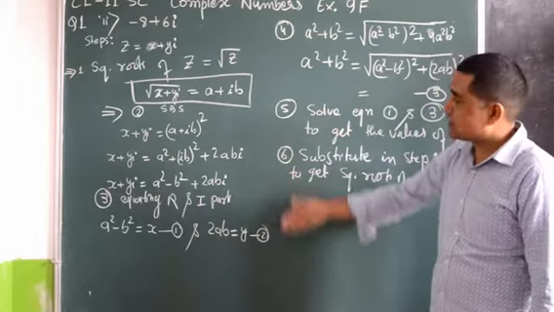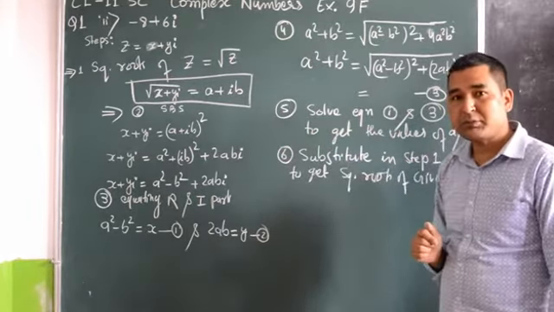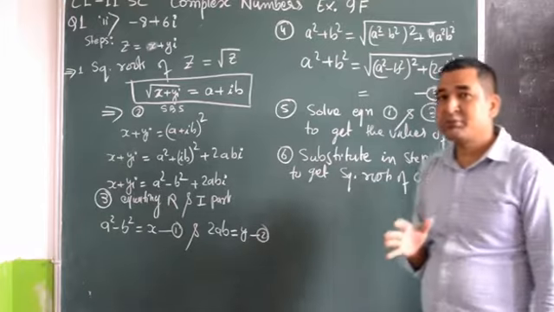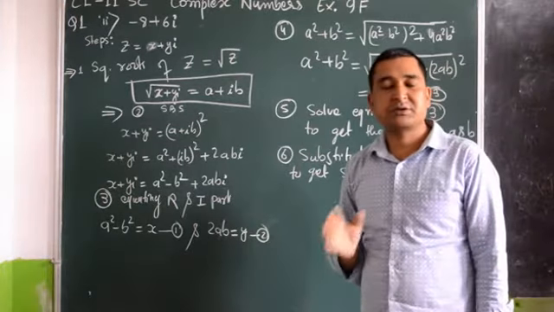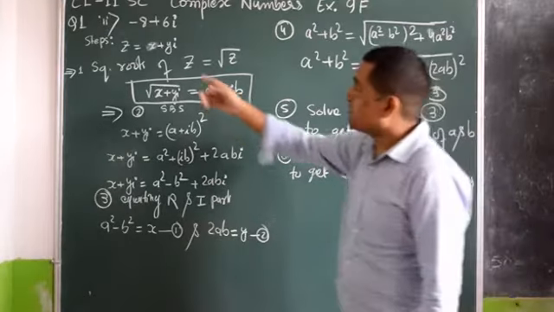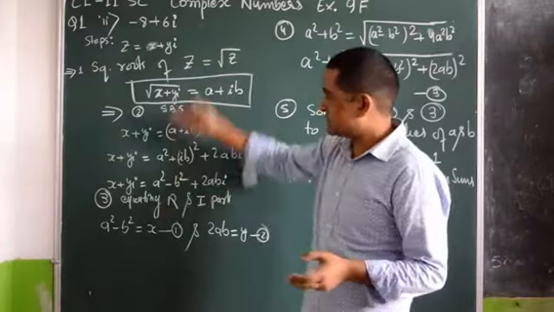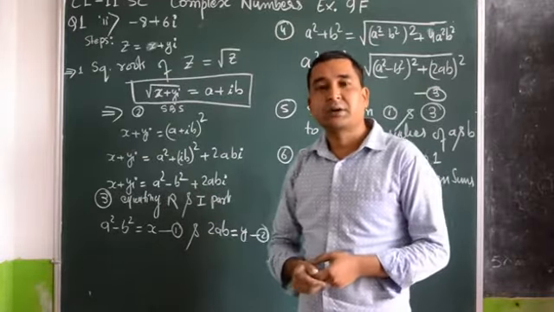I use the same procedure to get the square root of a complex number. And if the complex number is not in simple form, first simplify that expression and convert it into standard form like this. After converting into standard form, go through this procedure to get the answer.